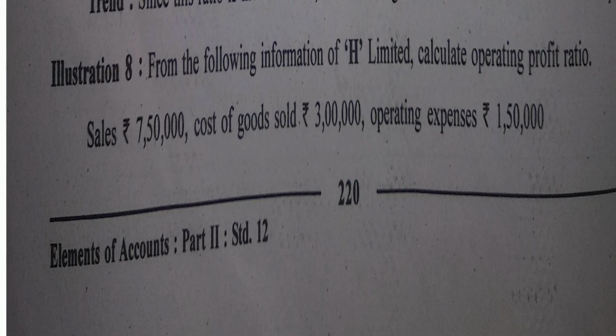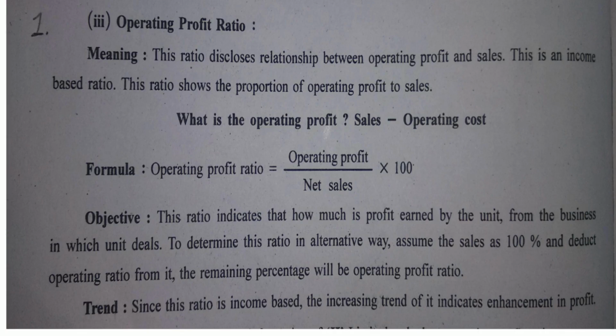So moving towards illustration 8, which is given just below operating profit ratio. The question says, see, obviously you remember the formula by now. What is the formula for operating profit ratio? It is operating profit upon sales into 100. The only question is how to obtain operating profit.